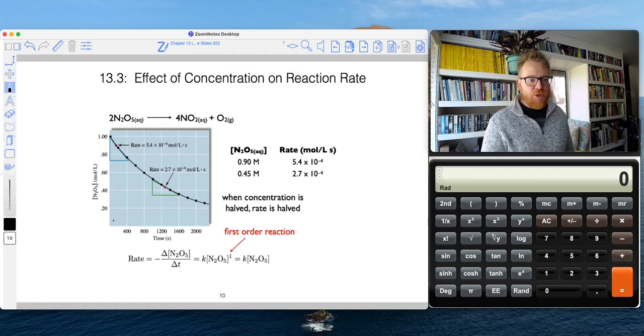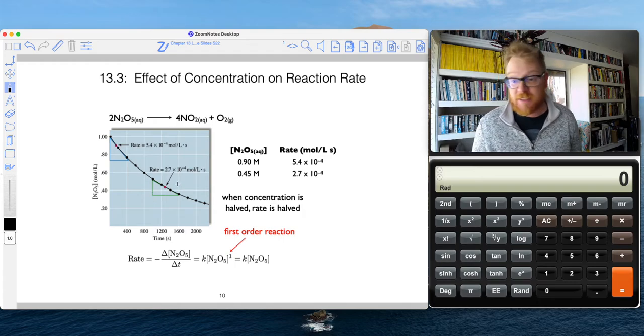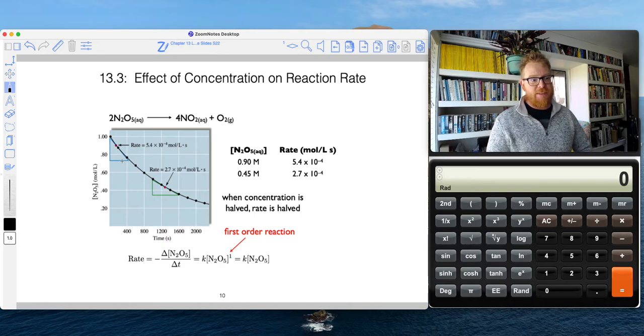If we do a very careful experiment where we measure the concentration of N2O5 over time, you can see here we've got 2 instantaneous rates determined at various time intervals. We can see here when the concentration of N2O5 was 0.9 molar, and that 0.9 molar comes from right here.